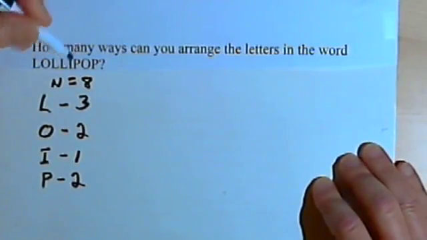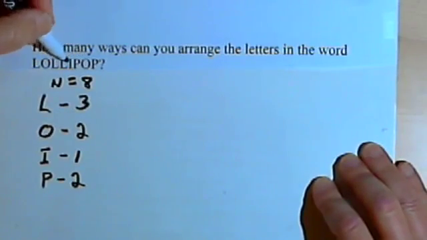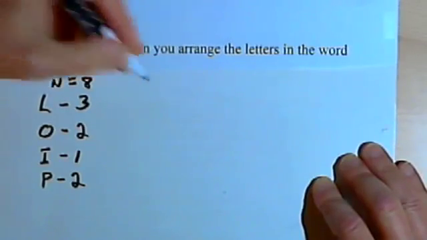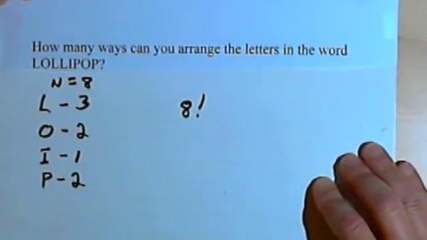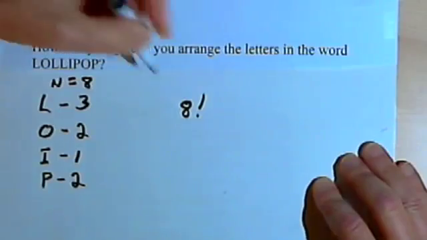When we're dealing with arrangements and we've got a repeat of some of the elements, what we do is we take the total number of elements, that's going to be our n, and we get the factorial of that number. That becomes the numerator of the fraction.